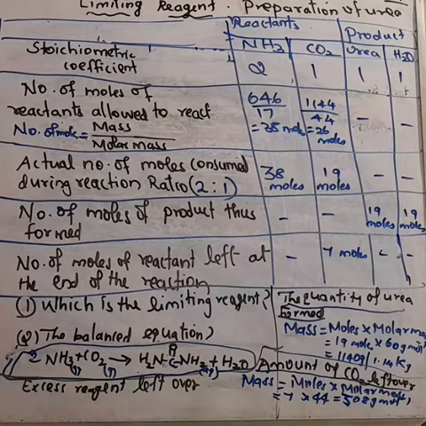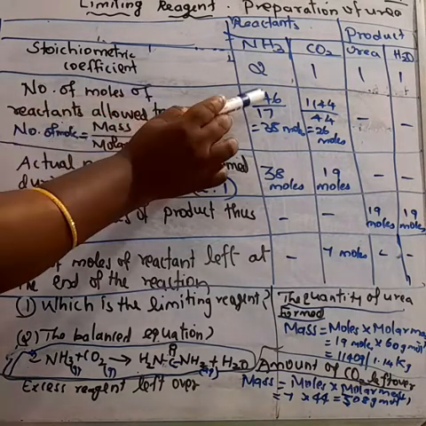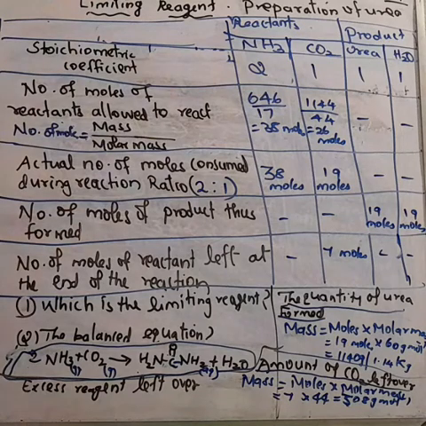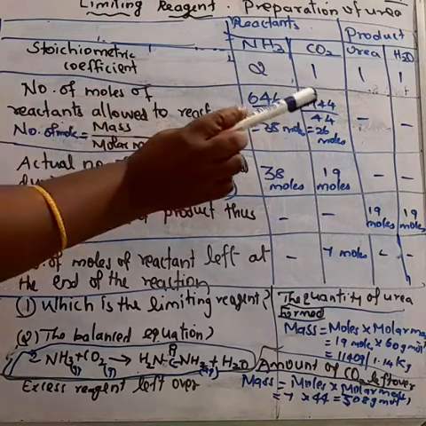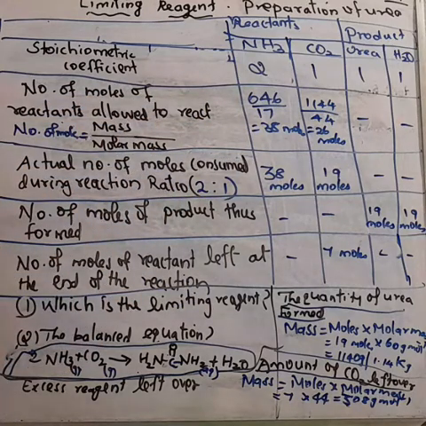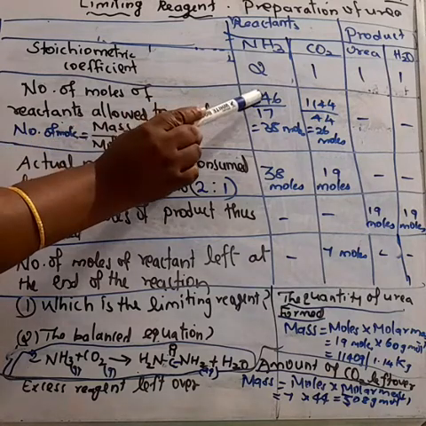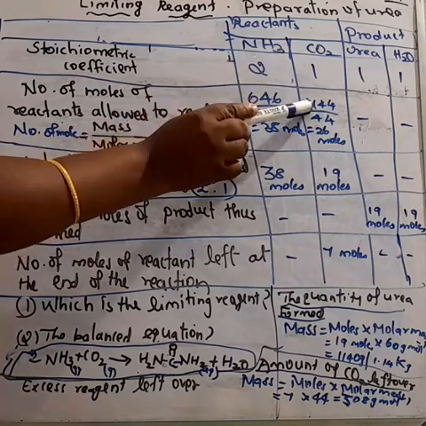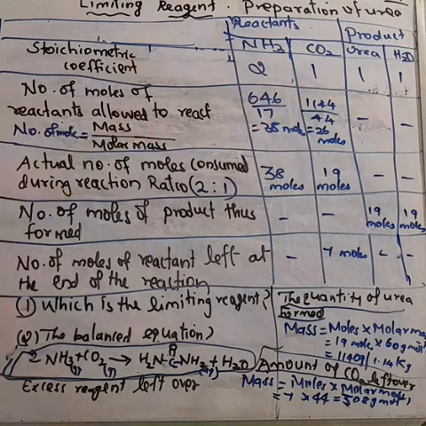How much mass? 646 gram of ammonia reacts with 1.144 kilogram of carbon dioxide, which in gram is 1144 gram. So 646 gram of ammonia reacts with 1144 gram of carbon dioxide.